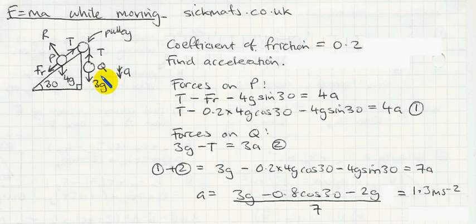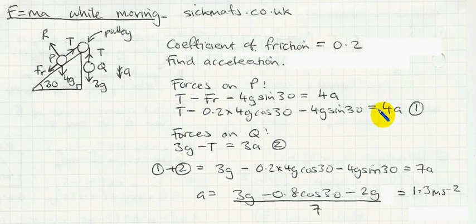Maybe that sounds a bit weird, but you have to just remember tension effectively goes both ways depending on which object you're looking at. So just get used to it for now, if that expression didn't make sense, that tension is going that way and that way. Always.